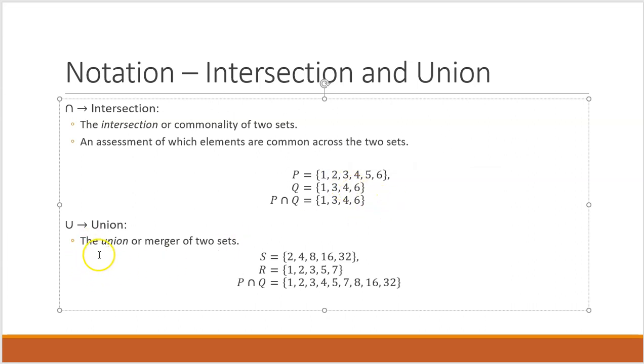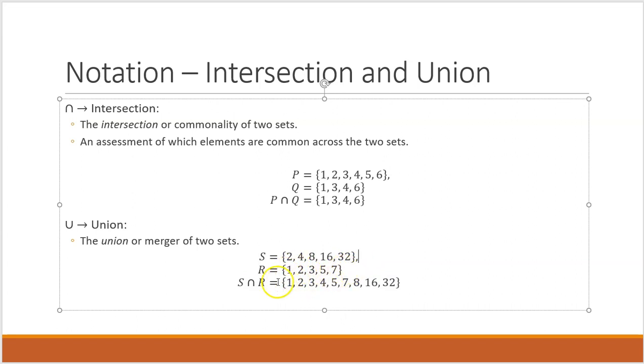Going down, we've got union. So union means the merger of two different sets. So if we've got set S and set R here, then the union of set S and set R is the merger of all of the items in both lists.